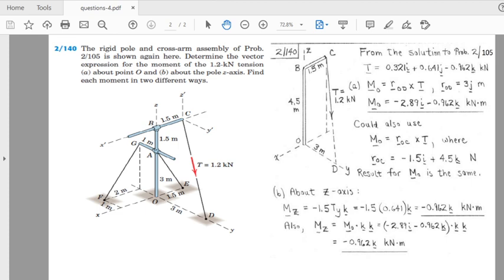Now we have to find the moment of this tensile force about point O, so we will write the position vector which will start from point O and it will go up to point D. It can go up to point D or any other known point on the line of action of the force.